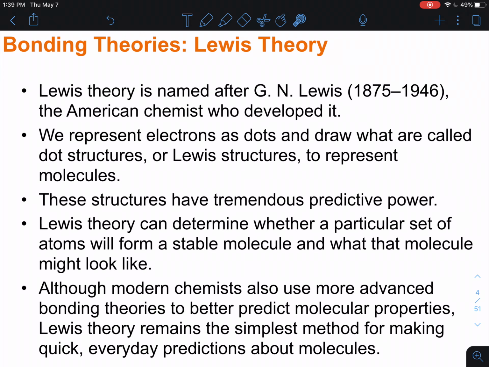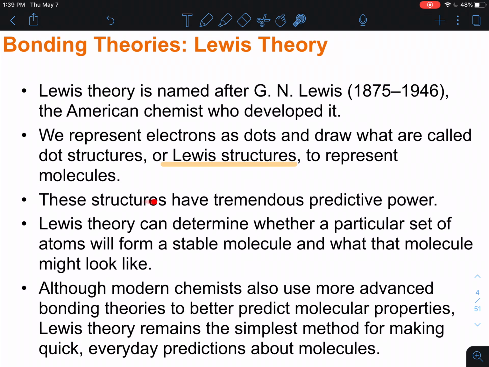So the first theory that we're going to talk about is Lewis theory. Lewis theory is named after G.N. Lewis. He's an American chemist. He died in 1946. In Lewis theory, we represent electrons as dots and draw what are called dot structures or Lewis structures to represent molecules. So when we talk about Lewis structures, we're talking about Lewis dot structures.